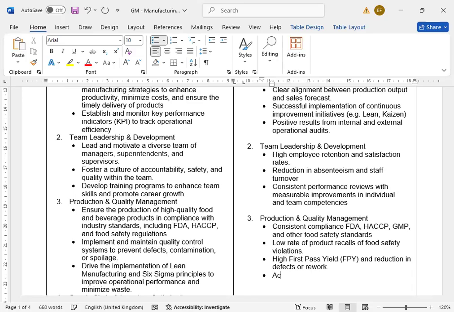And then achievement of targeted production efficiency. Let me give you an example of production efficiency: units per hour. How many units produced per hour? Or line efficiency.